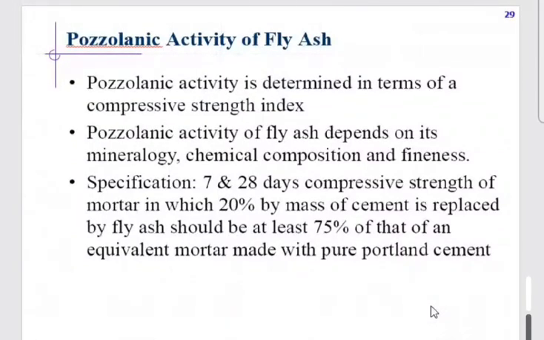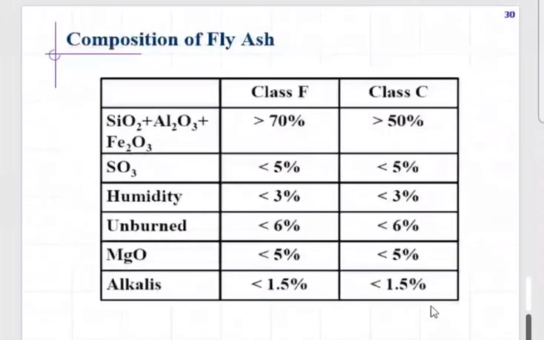This is called pozzolanic activity. If it is less than 75%, that material we cannot use as a supplementary cementitious material. This is called the strength activity index as well. We also call it the strength activity index.